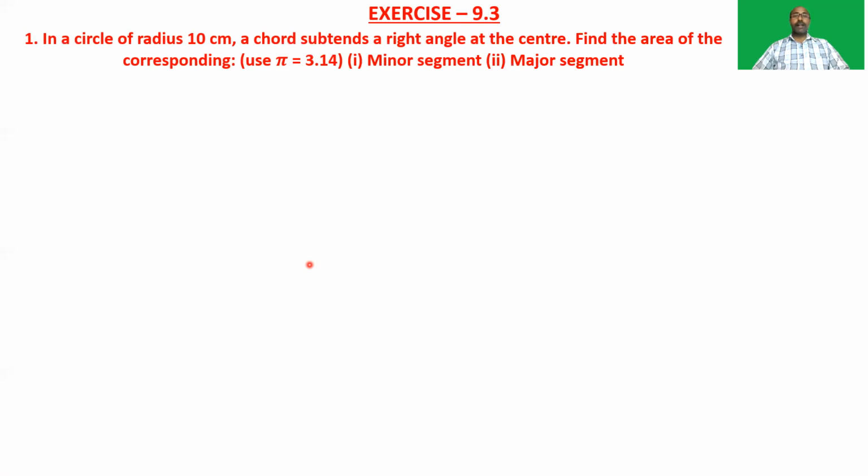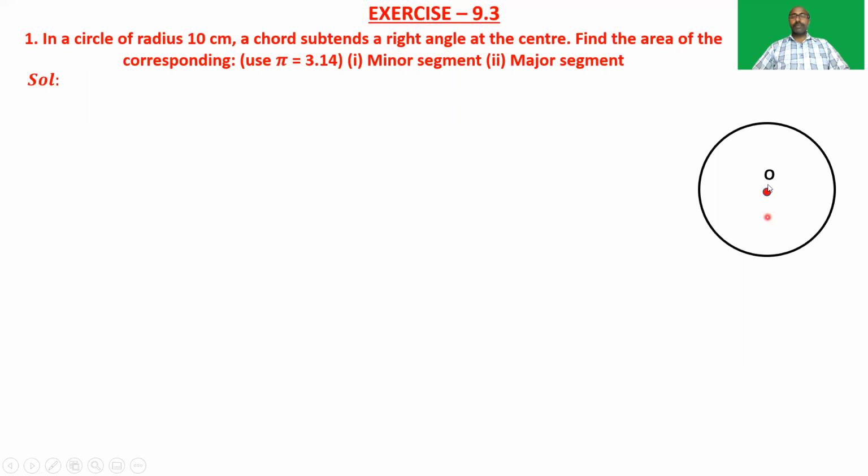Find the area of the corresponding number 1, minor segment, number 2, major segment. And it is given that use pi is equal to 3.14. So here a circle of radius 10 centimeter is given and a chord subtends a right angle at the center. We have to find the areas of both the minor segment and major segment.